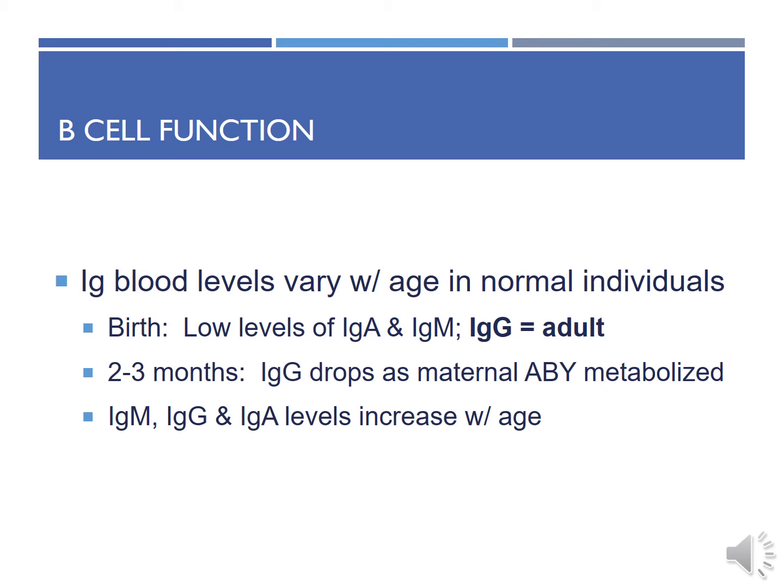After 2 to 3 months, the IgG usually drops because we'll be metabolizing the mom's IgG antibodies. As age progresses, the baby will start to produce its own IgM, IgG, and IgA levels, and as we grow older, these antibody levels will increase.